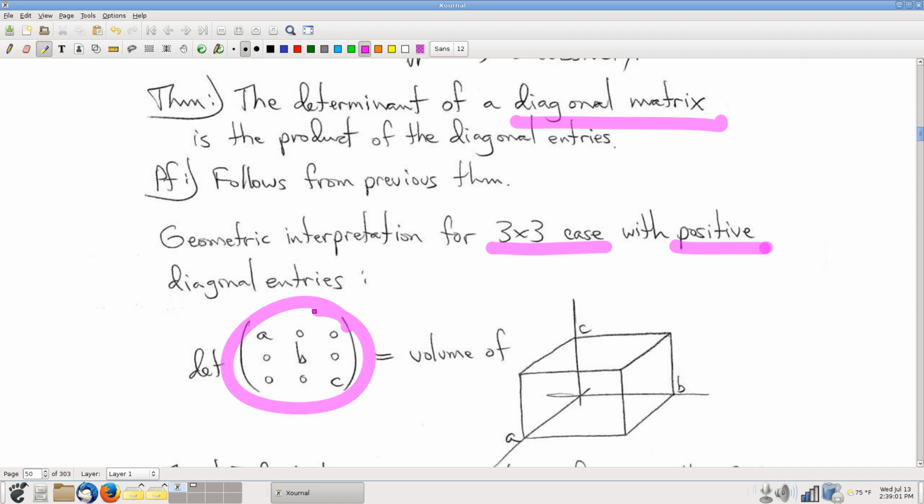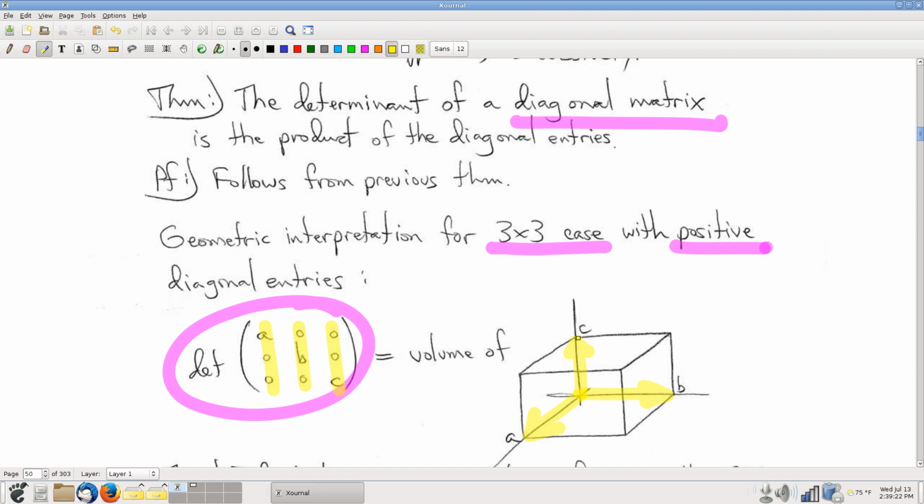For the determinant of a 3 by 3 matrix, we have a geometric point of view: you take these column vectors, and look at the parallelepiped, in this case a box, that is defined by those vectors, and the absolute value of the determinant is equal to the volume of that parallelepiped.